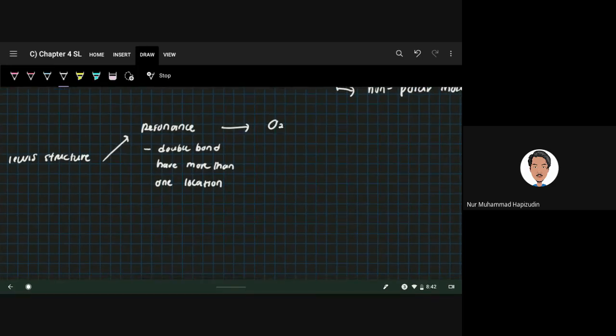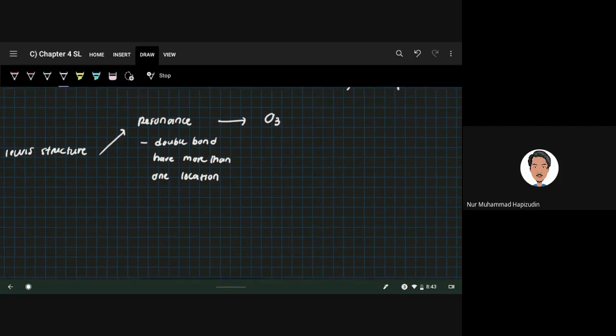Example O3. Okay, O3, cuba draw Lewis structure for O3. Kamu akan dapat macam ni lah. 3, 6, 18 or 9 pair O. Okay, make sure terminal atom become octet. 2, 3, 4, 5, 6, 7, 8, 9.